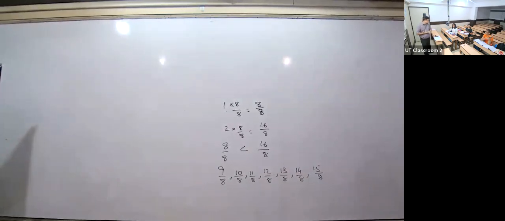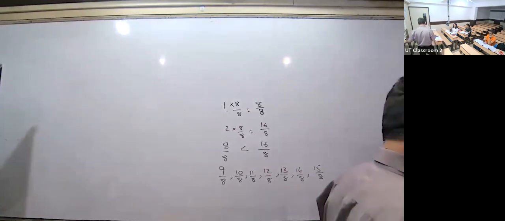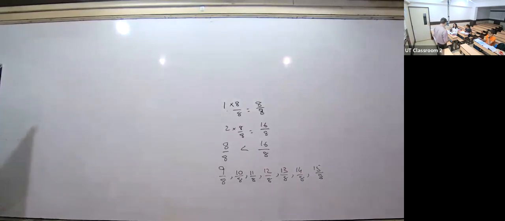Now, what are rational numbers? Do you know what are rational numbers? A number of the form A upon B, where A and B are integers and B is not equal to 0.